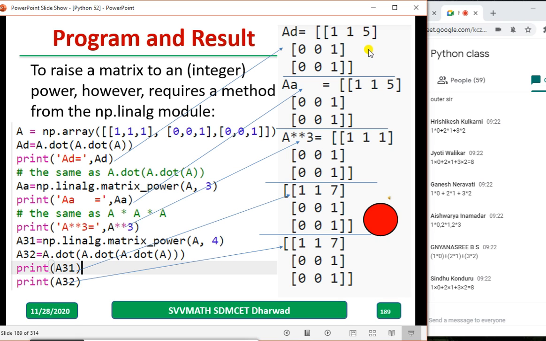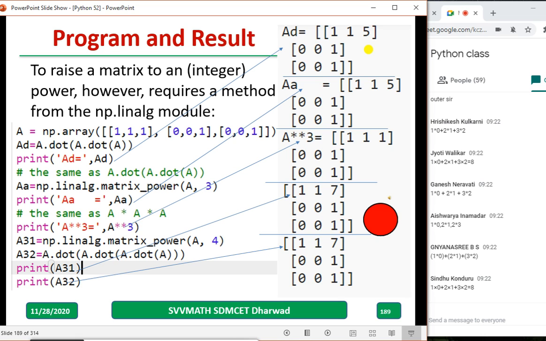Observe this carefully. That is the reason I have taken 2-3 examples. Matrix_power you can use, or you can use A dot of A. Remember the small difference.